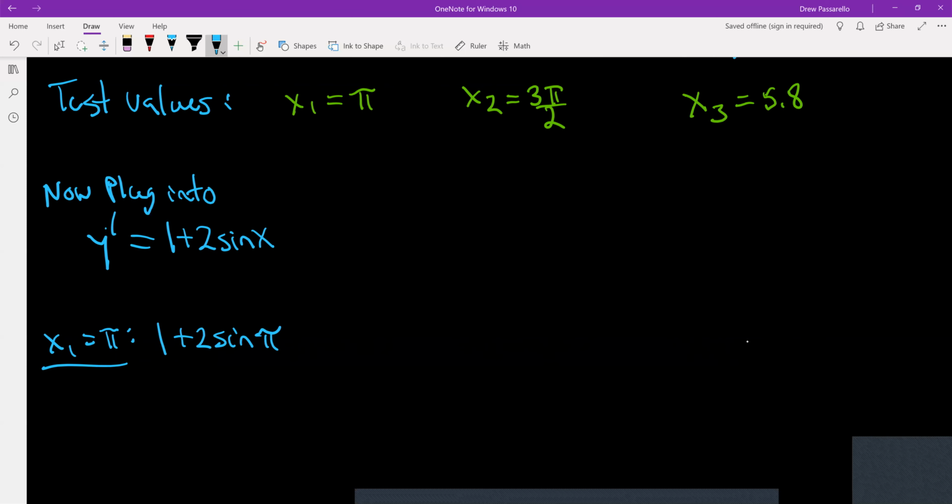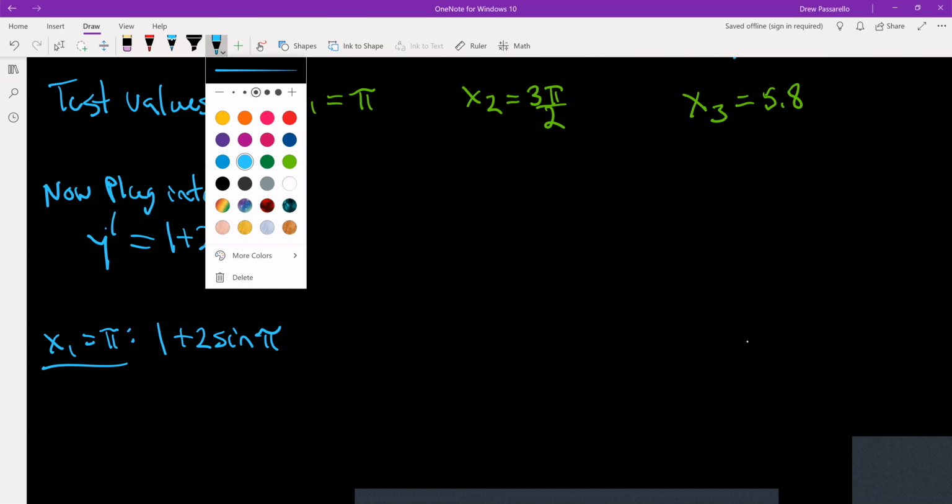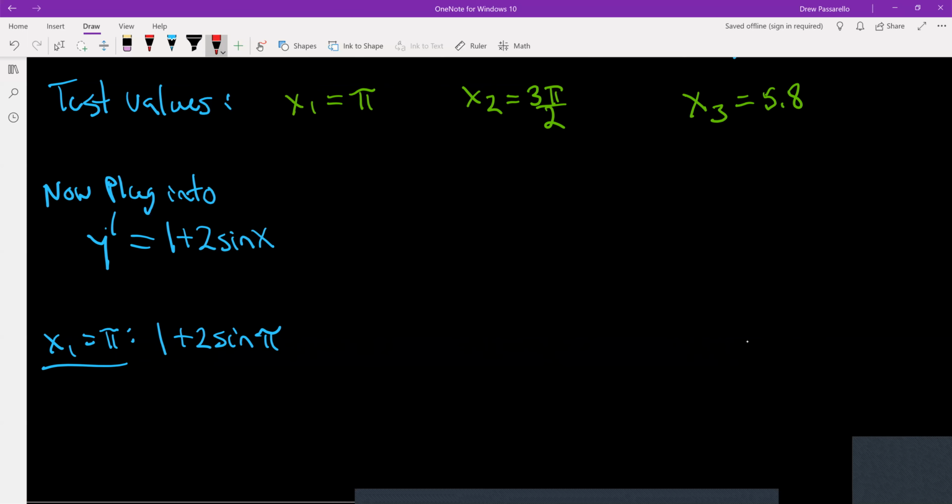Well, what's sine of pi? Sine of pi is 0. So it's going to be 1 plus 0. So this goes away because sine of pi is 0, and you're left with 1.